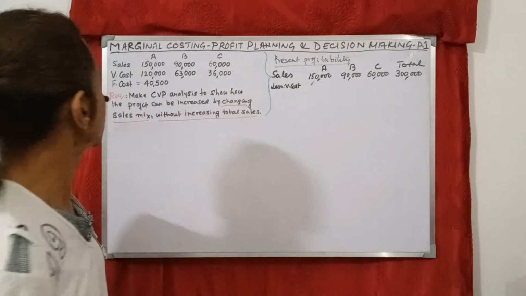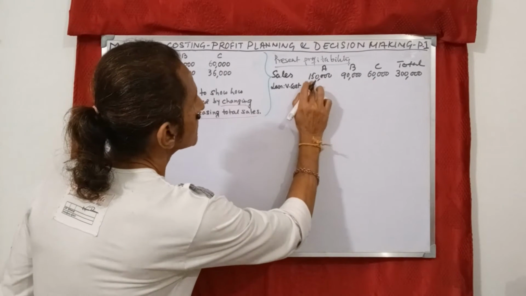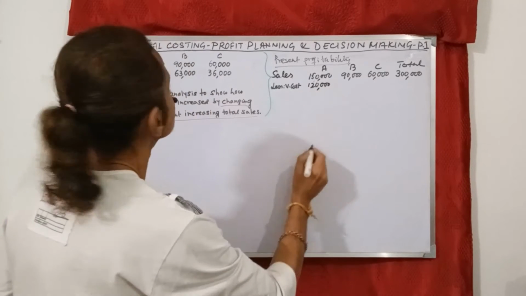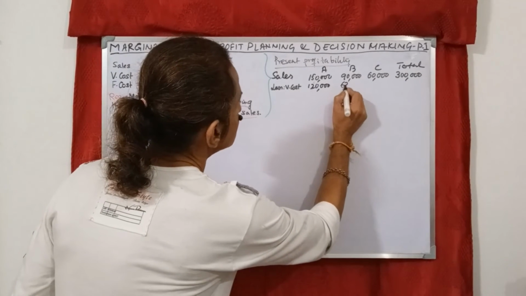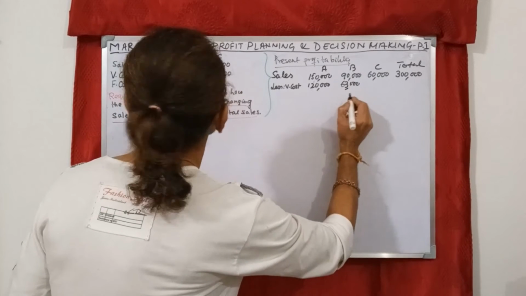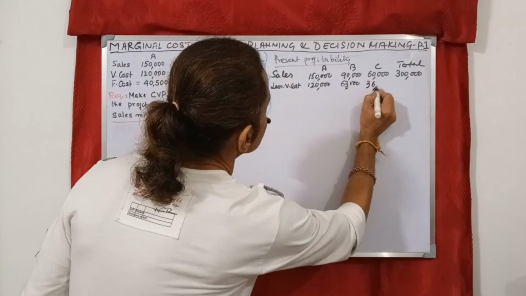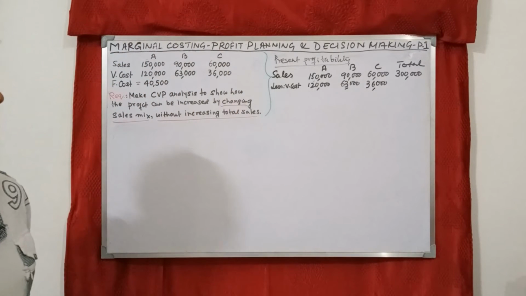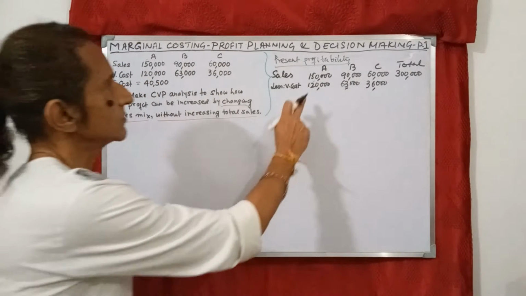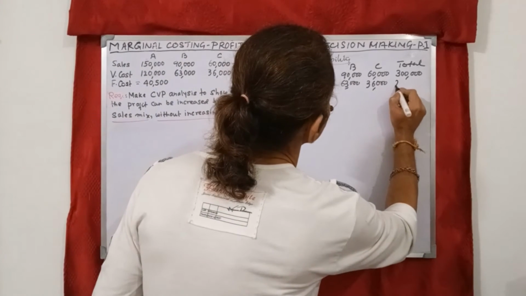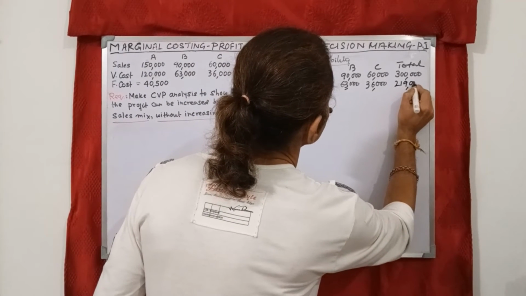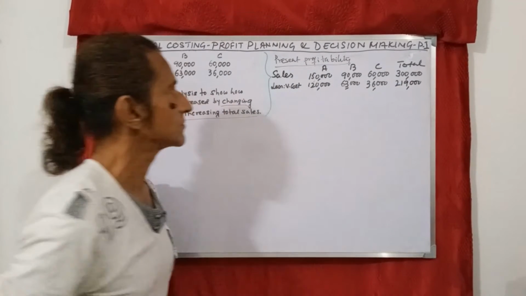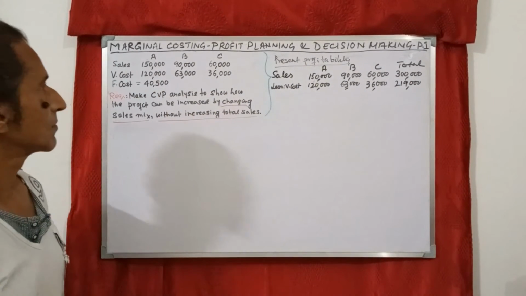What are the variable cost figures? 120,000, 63,000 and 36,000. So the total is 219,000. Yeah, 219,000. Okay.